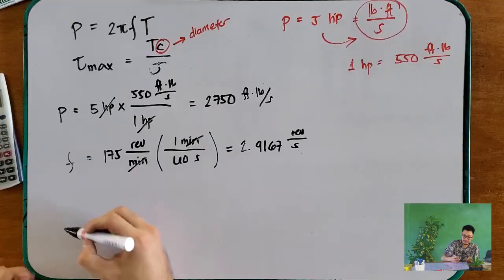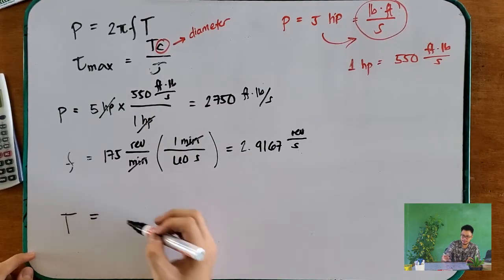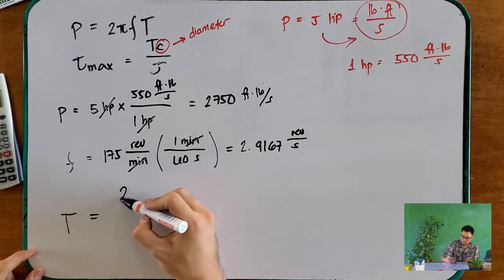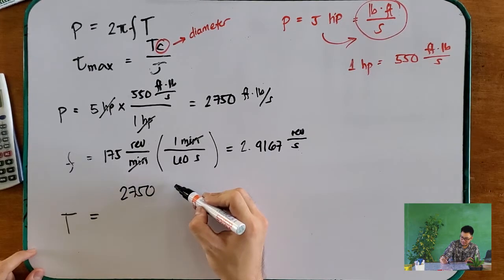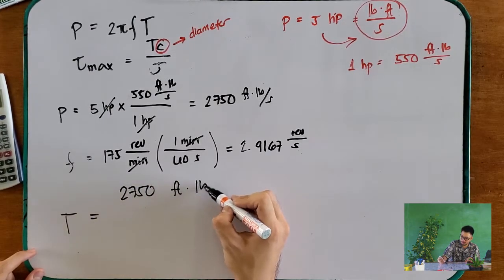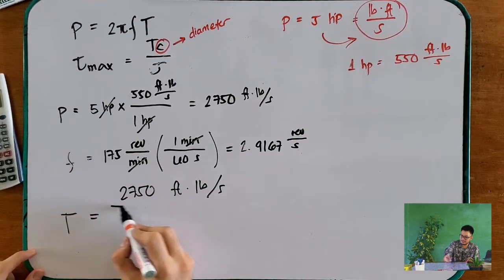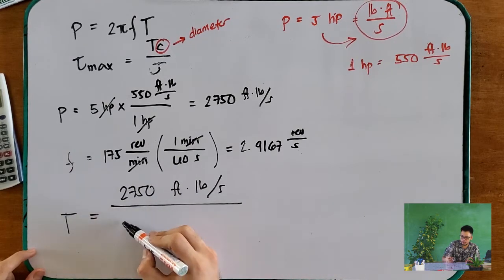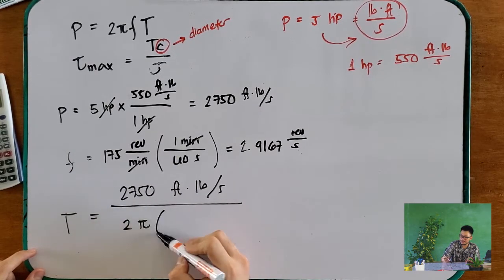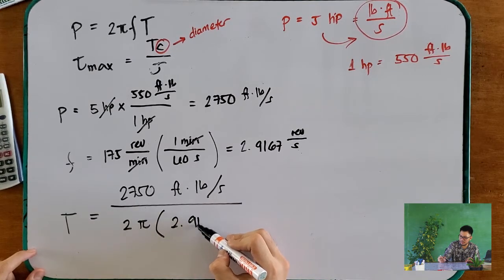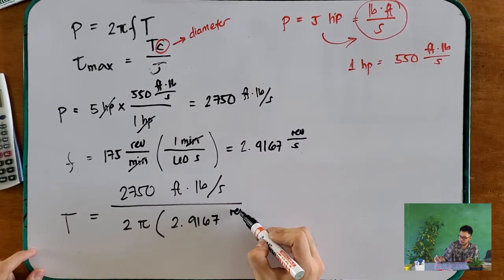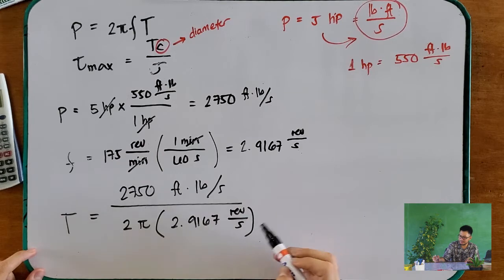So therefore, your torque is equal to 2,750 foot-pound per second divided by 2 pi times your 2.9167 revolutions per second.